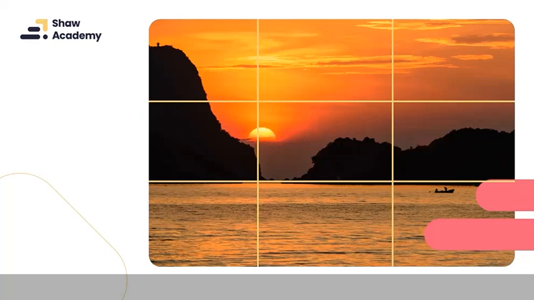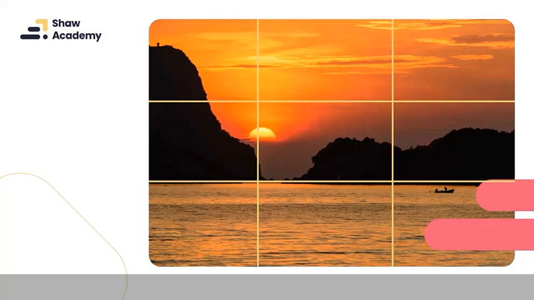So we've got the sun and it's falling along the vertical axis there. And indeed, the horizon is also falling quite close along that horizontal bottom line as well. So again, using the rule of thirds, when you're composing, you can have the display set so that you can actually see this grid, but you should always try to be just imagining it when you are composing your video or you're composing your still shots.